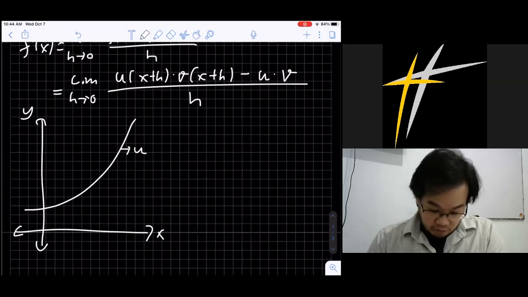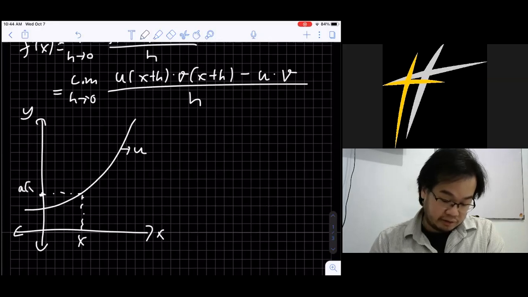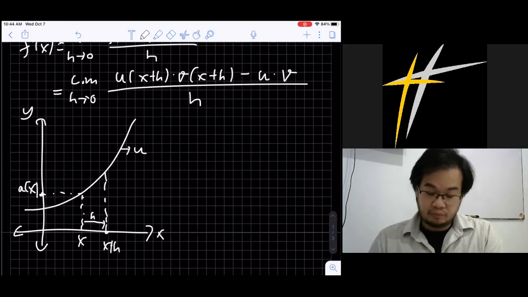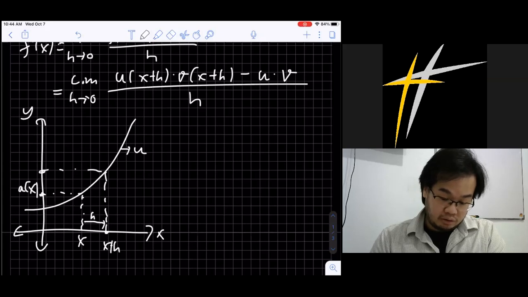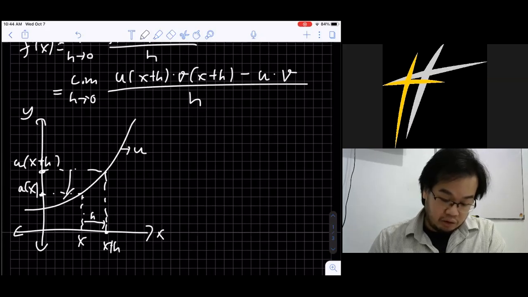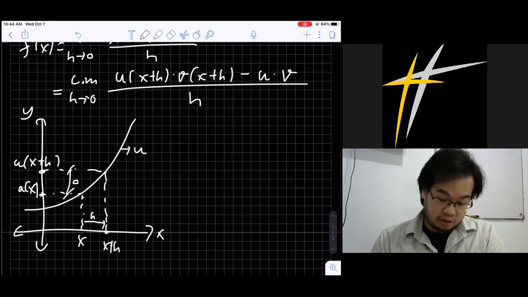If I put a value of x here, then the value of the function here must be u of x, right? And if I make a distance of h here, this will be x plus h, and this will be u of x plus h. Let's say that the distance between u(x) and u(x plus h) we call delta u.